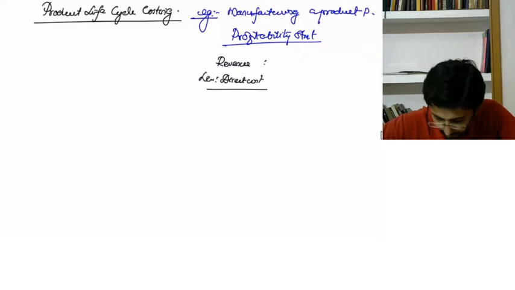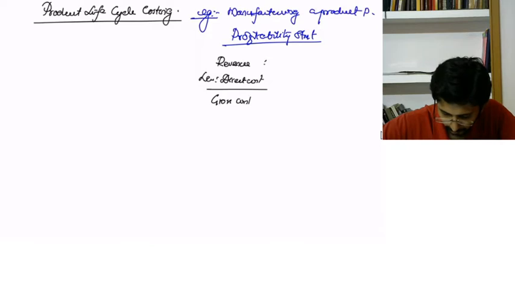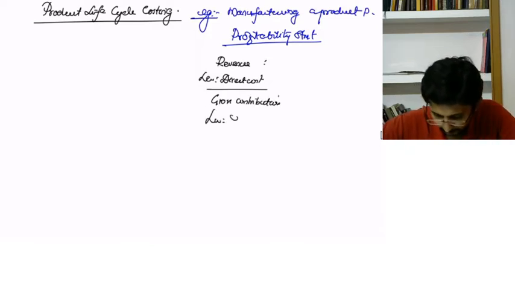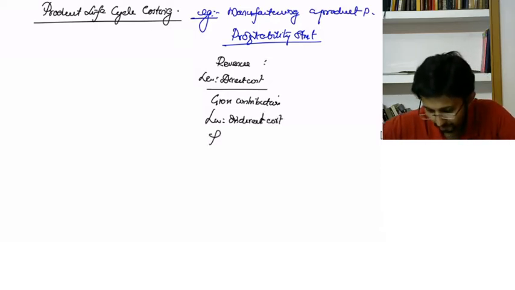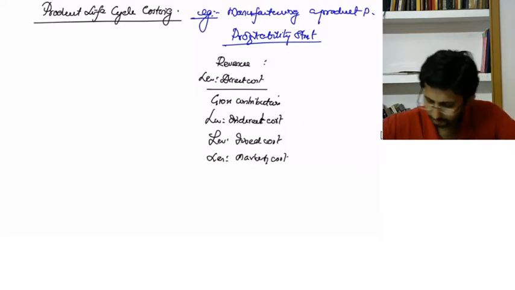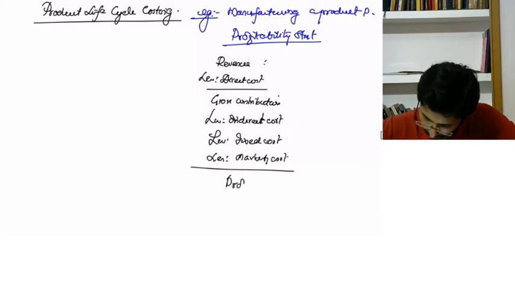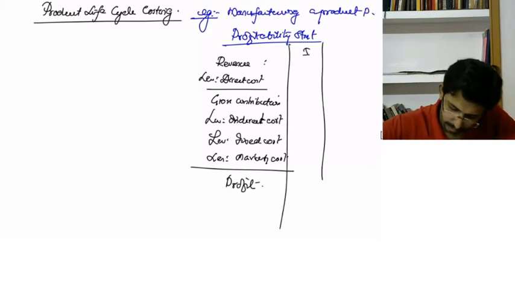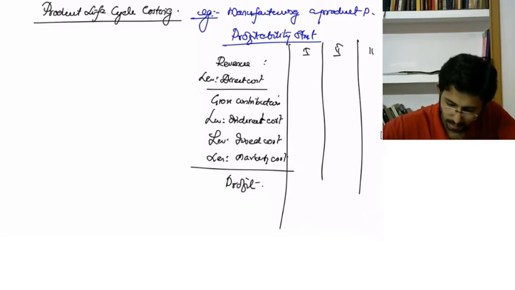We will get the gross contribution or gross profit, less indirect cost, less fixed cost, less marketing cost, then the difference will be profit. You have done it for year 1, then year 2, year 3.